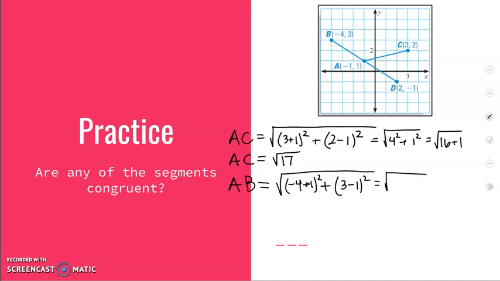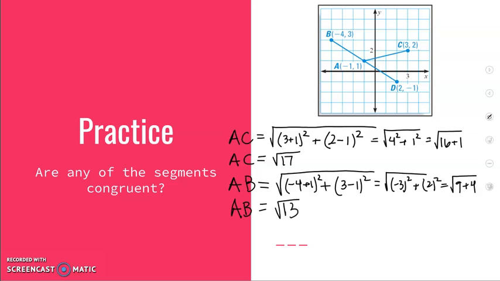That will give us negative 3 squared plus 2 squared, which is negative 3 times negative 3 is 9. 2 times 2 is 4. So it looks like the length of AB is the square root of 13.